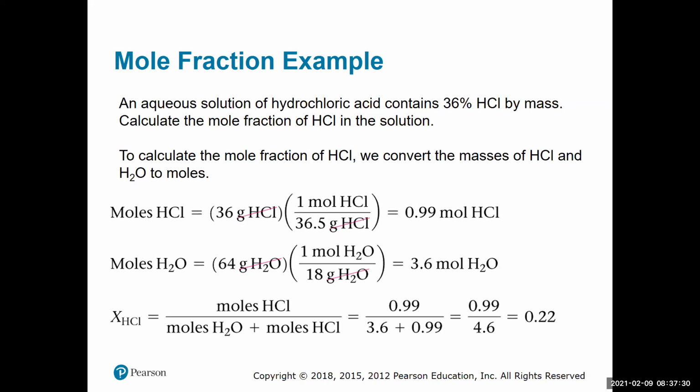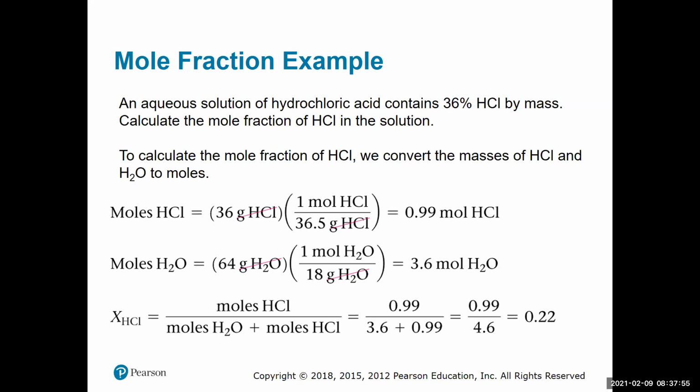Then to do that mole fraction, it would be moles of HCl divided by the total moles, which is moles of HCl and moles of water. So in the numerator, we'd have our 0.99 moles HCl, and then in the denominator, we'd have the 0.99 plus the 3.6 moles of water for a total of 4.6.